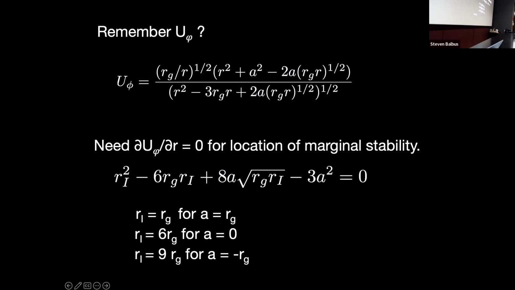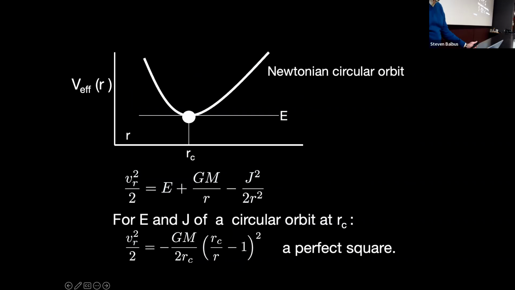And then you find for the Schwarzschild case, that occurs at 6 gravitational radii, and it ranges between 1 gravitational radius for a Kerr black hole that's spinning around in the same direction, and it could be 9 gravitational radii if the black hole is spinning in the opposite direction of the orbit. Inside the ISCO, they don't remain circular orbits. They need to find some other kind of orbit. Yeah, that's exactly right.